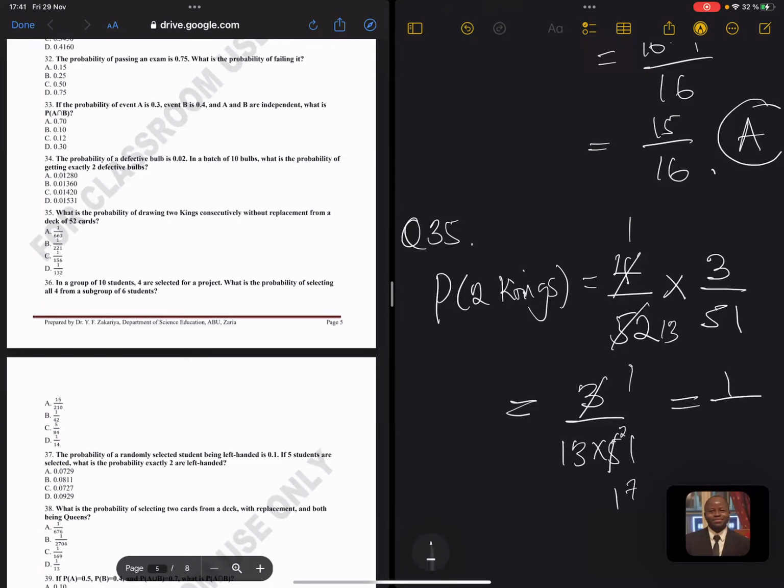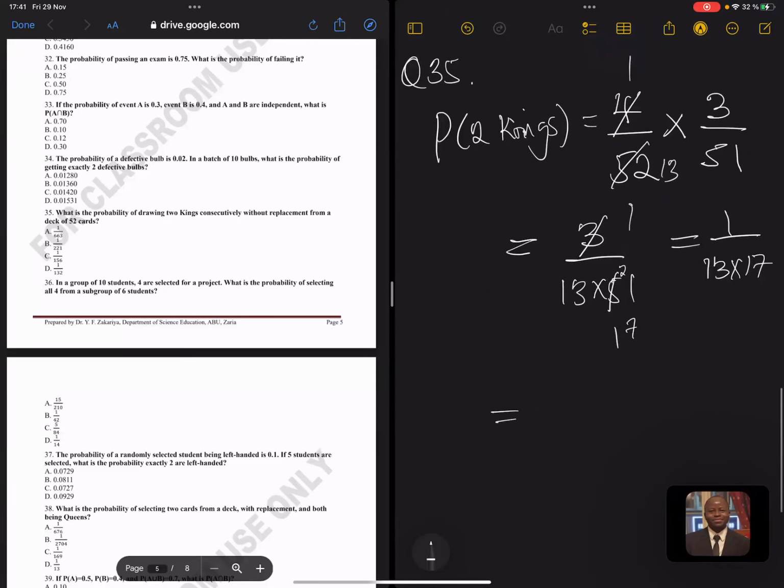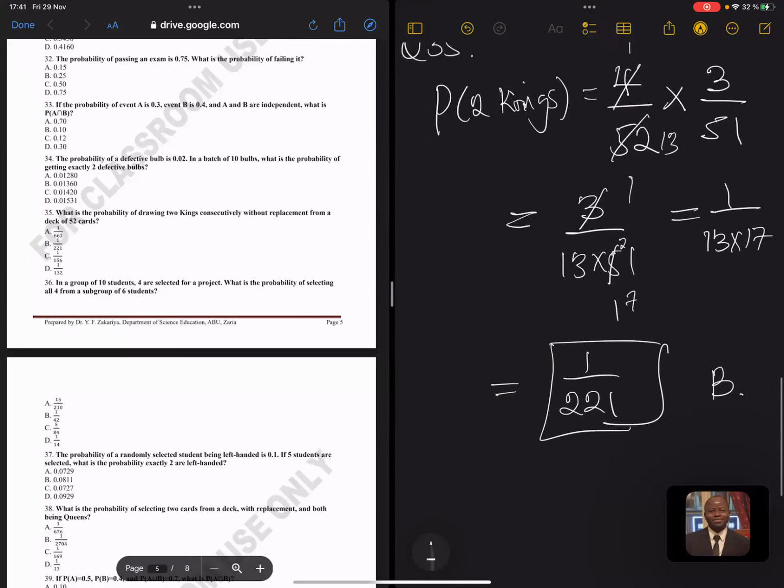So you have 1 over 13 times 17. Is this correct? And what is 13 times 17? 221. So 1 over 221. Excellent. So the probability of obtaining 2 kings without replacement in a deck of cards is 1 over 221. So the right option there is option B.